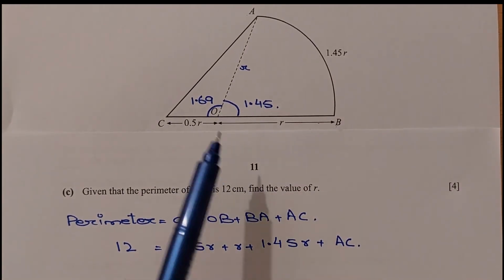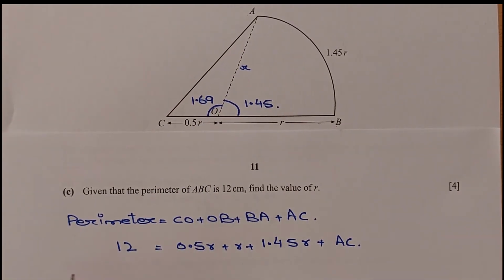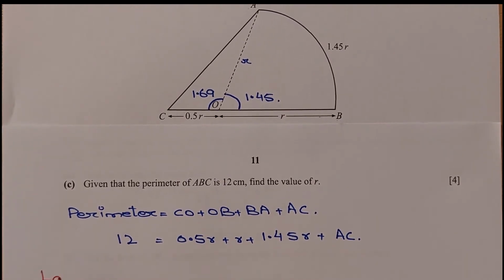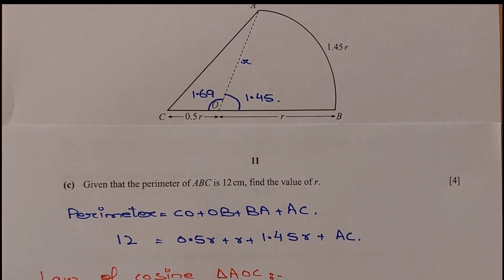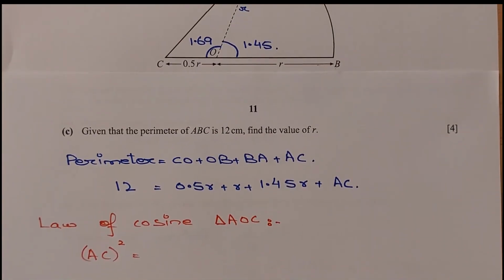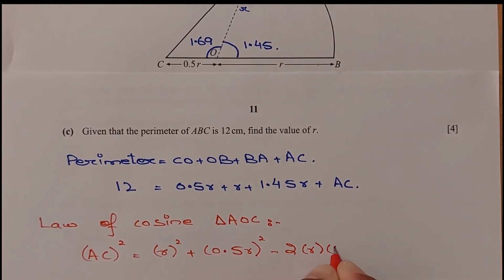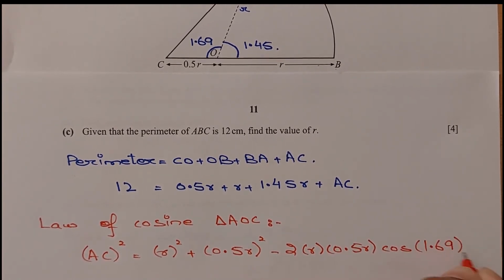By using the law of cosines, applying it on this triangle AOC, we can find the side AC. Okay, so let me use the law of cosines on triangle AOC, right? So we need to find AC, so we can say AC squared equals, this is 0.5 R, this is R, R squared plus 0.5 R squared minus 2 times R times 0.5 R, cos of the angle between them, 1.69, right?